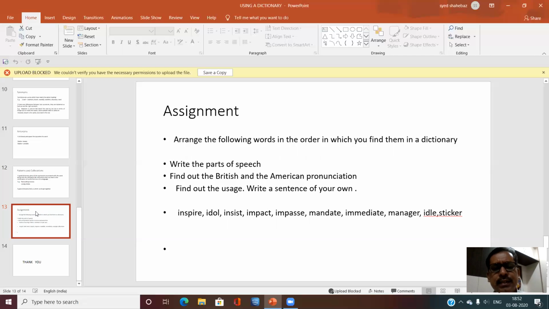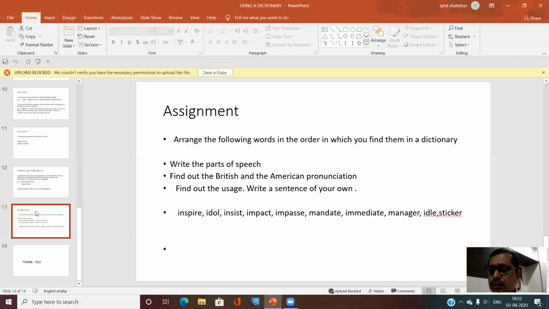The second thing is write the parts of speech of these words, whether they are nouns, verbs, adjectives, adverbs, etc. Find out the British and the American pronunciation. What is the British pronunciation of these words? And what is the American pronunciation?